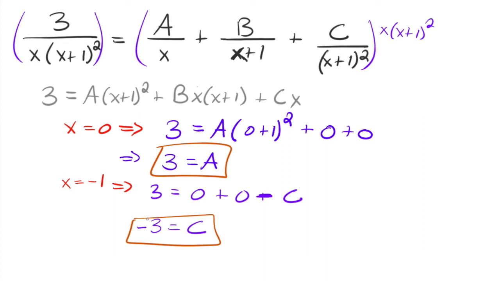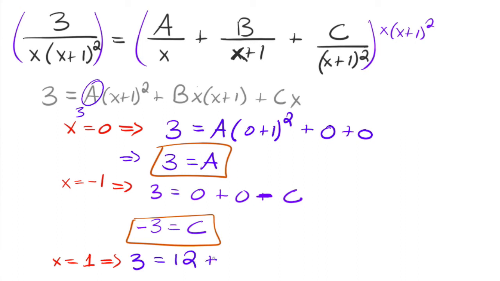Okay, now all we need to do is find out what b is. Since I already know what a is and I know what c is, you can just pick any other number besides 0 and negative 1. How about let's pick x equals positive 1, the simplest number you can think of. Then we would get 3 is equal to, if x is equal to 1, 1 plus 1 is 2, 2 squared is 4, times a, which is 3, so this is going to be 12.